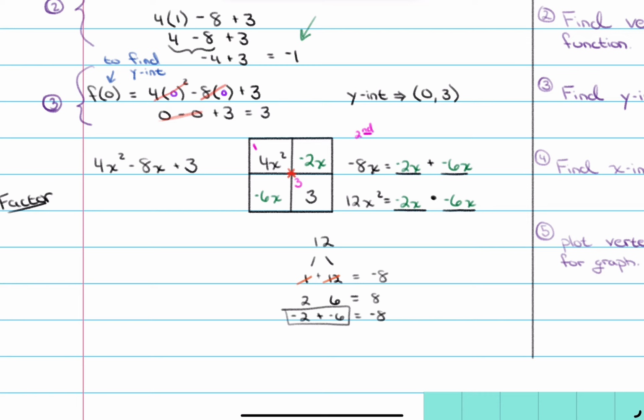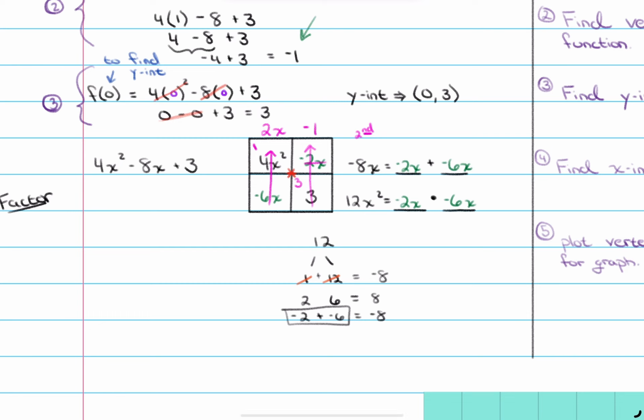When I go vertically, the greatest common factor between a 3 and a negative 2x is just a negative 1. I'm going to take the negative number with it. When I go up this way, the greatest common factor between negative 6x and 4x squared is a positive 2x. I didn't take the negative this time because we're going to take care of it with the constants, and we don't want our variables to be negative.